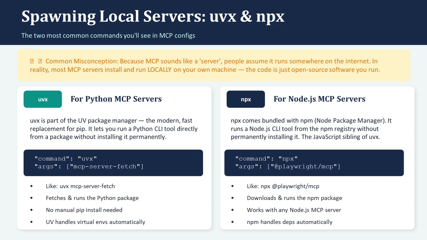UVX is part of the UV package manager, as the name suggests, the modern fast replacement for pip. Then npx comes built with npm. It runs Node.js CLI tools from the npm registry without permanently installing them.